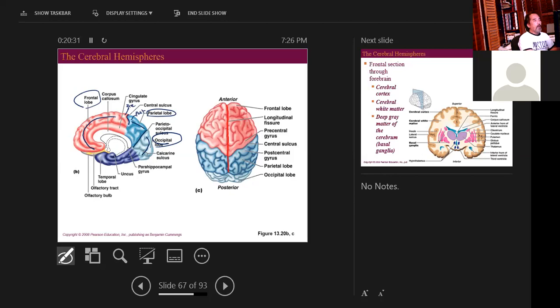The first one, this is part of the cerebrum. The corpus callosum is the roof. Inside here is the lateral ventricle, okay? The lateral ventricle is part of the cerebrum. But remember, it's covered by a membrane called the septum pellucidum right now.